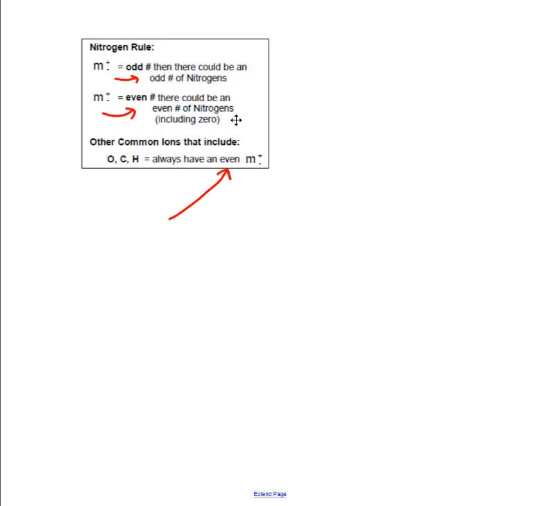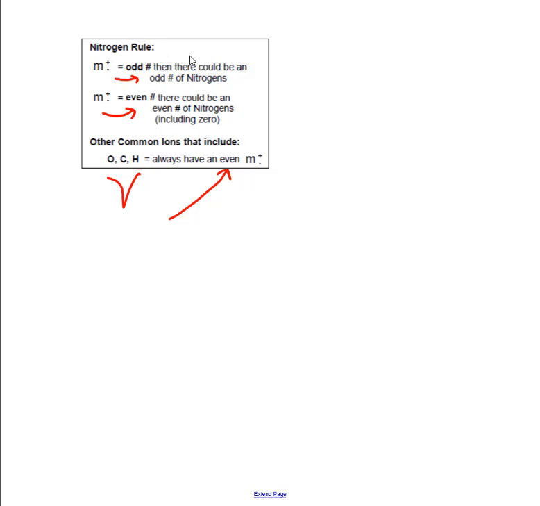Because when you have an even number, it could always be a combination of oxygen, carbon, and hydrogen. So if you're not sure and you have an even number, and there's no nitrogens, then it's definitely oxygen, carbon, hydrogen for sure. If you have an odd number, it's never just oxygen, carbon, hydrogen. There has to be a nitrogen in there.